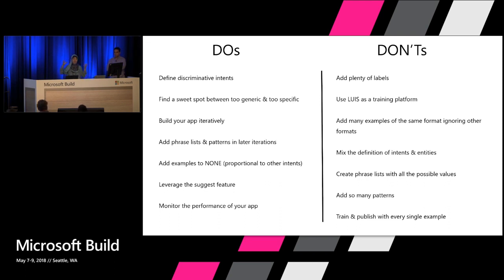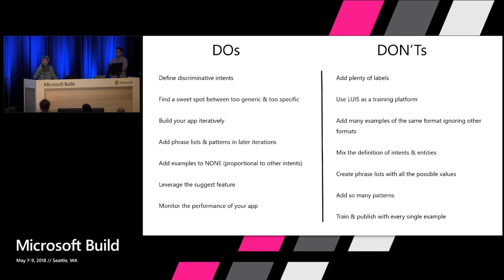We can always discuss, back to the define your schema part, different design options for your applications. And create phrase lists with all the possible values. Assume, for example, you want to adapt LUIS to your own vocabulary, and your vocabulary is maybe a bunch of cities, a bunch of airport codes, and so forth. Don't add everything in the world. LUIS can make sense of only a few of those.